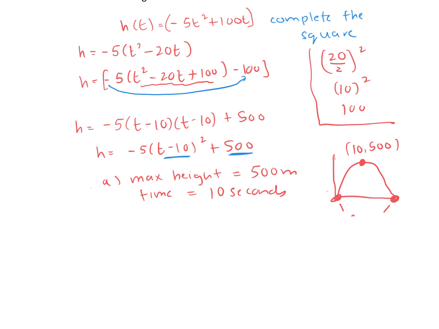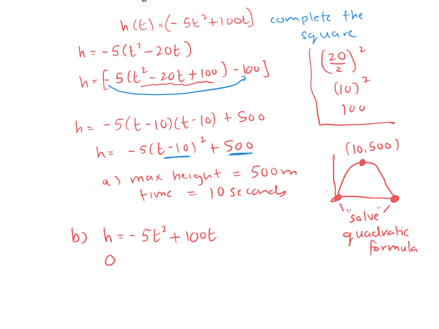And in this question, we want to solve, right? Solving means we find the x-intercept, which in this case would be where it hits the ground. So in order to do that, we're probably going to use the quadratic formula, or you could factor if that's possible. So I'm going to factor first, and then I'm going to use the quadratic formula, and we can see that we get the same results.